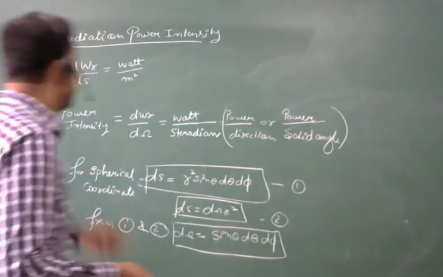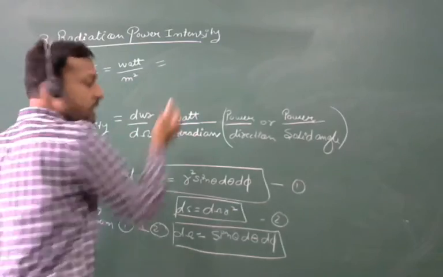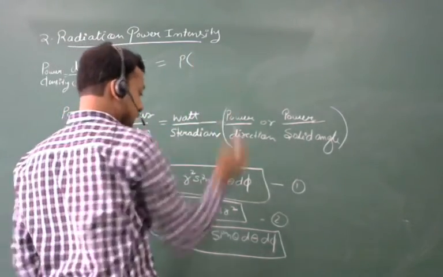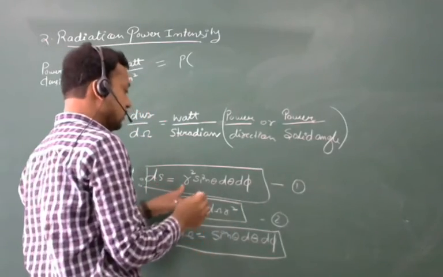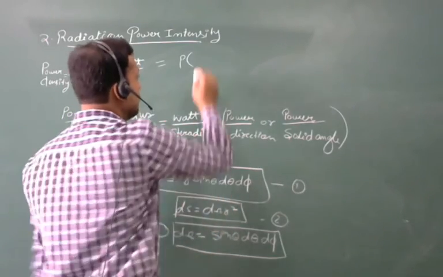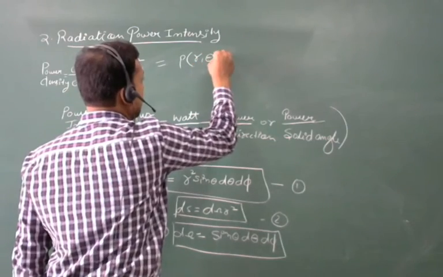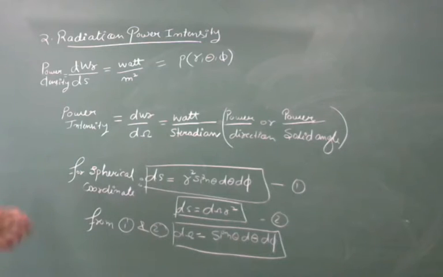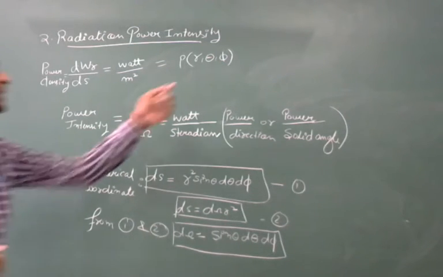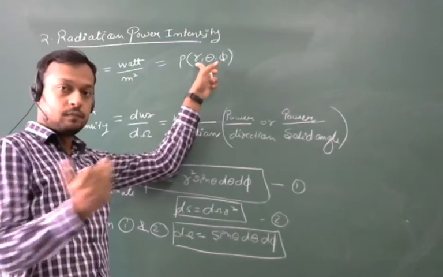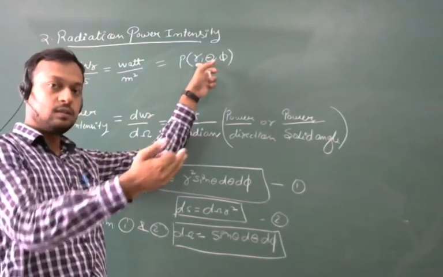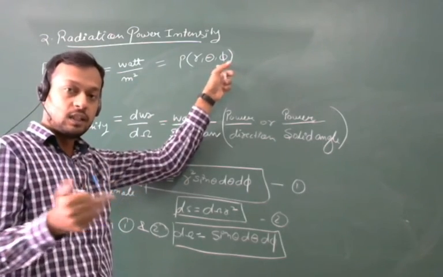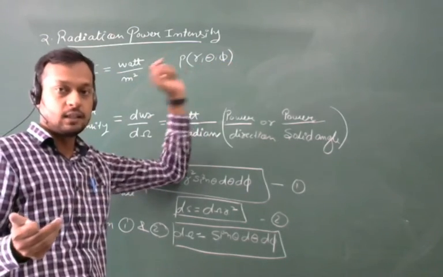Power density has a component of the power in the directions r, theta and phi. It has components in all three coordinates. It depends on both the magnitude and the angle.